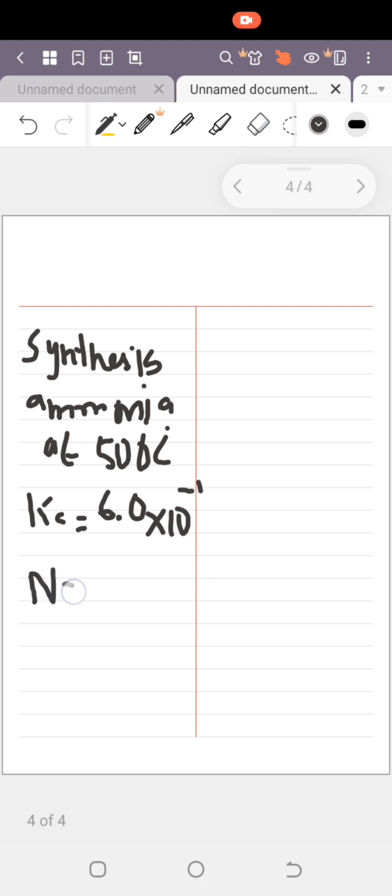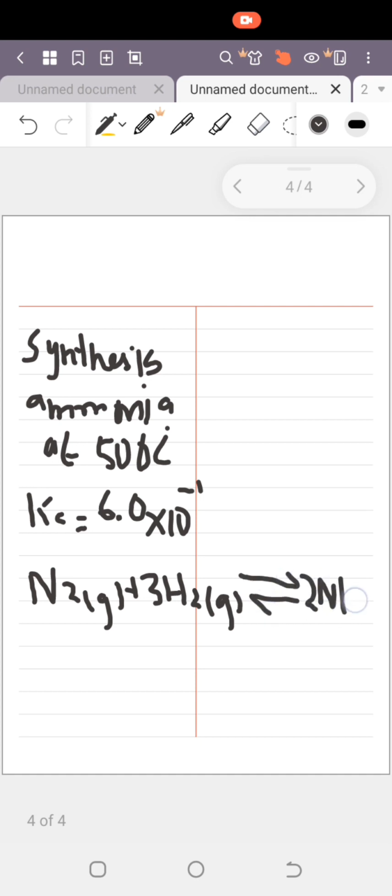The reaction is N2 gas plus 3H2 gas giving 2NH3 gas.